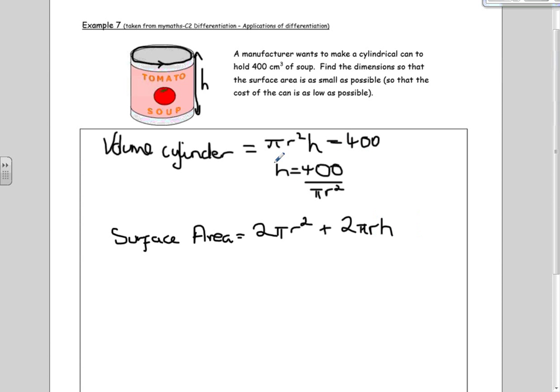This is where we use h equals 400 over pi r squared, because then we can differentiate the surface area with respect to the radius. So we'd still have 2 pi r squared, but then plus 2 pi r times 400 over pi r squared.